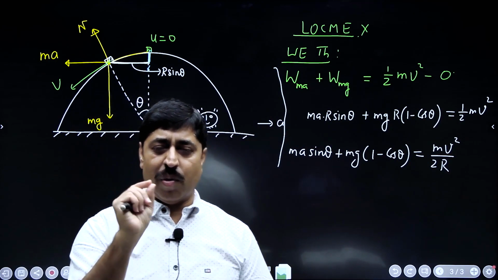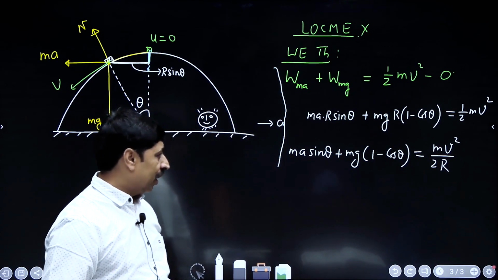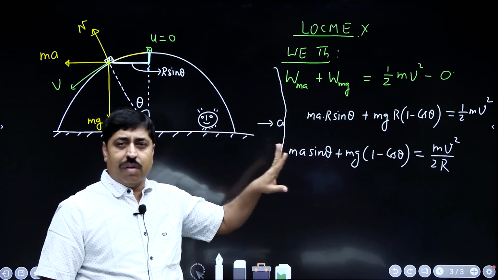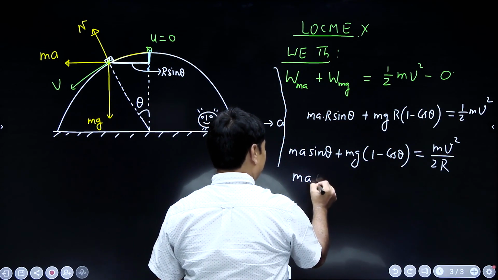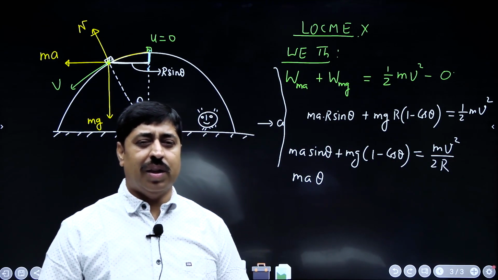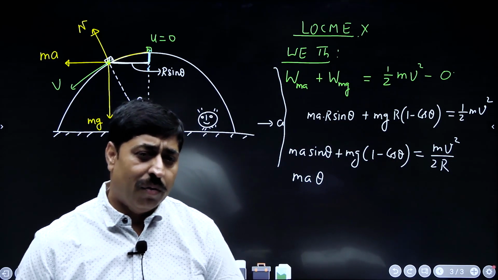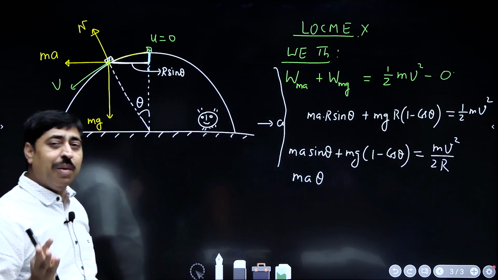The theta about which we are talking is going to be very small. So, for small theta, sin theta can be written as theta. So, let me write it as ma theta. And in fact, for small theta, cos theta is pretty close to 1.